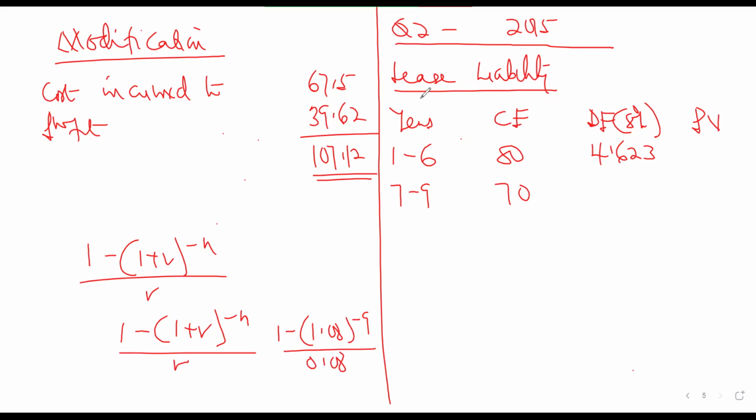What are you getting? 6.247. But the first 6 years is 4.623. So the remaining 3 years will be what? We just subtract the first 6 years from this one. 1.624.